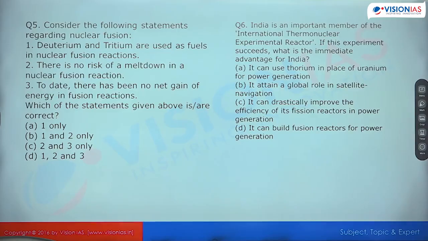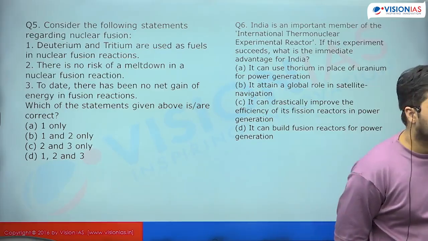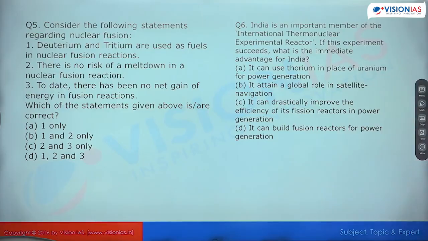Question number 5. Deuterium and tritium are used as fuels in nuclear fusion reactions. That is true. There is no risk of meltdown in nuclear fusion reaction. That is also true.